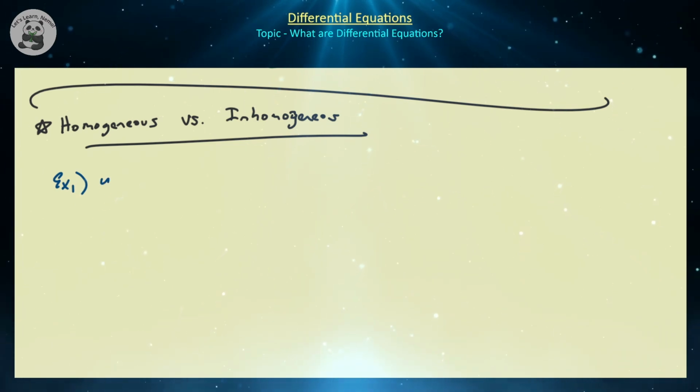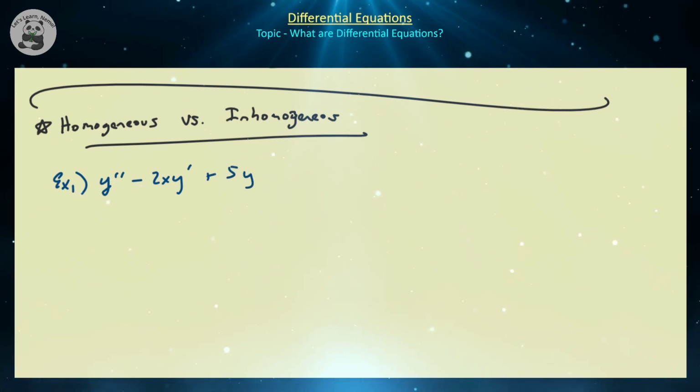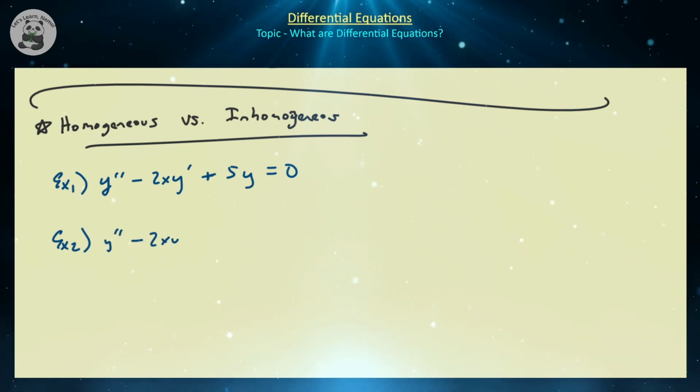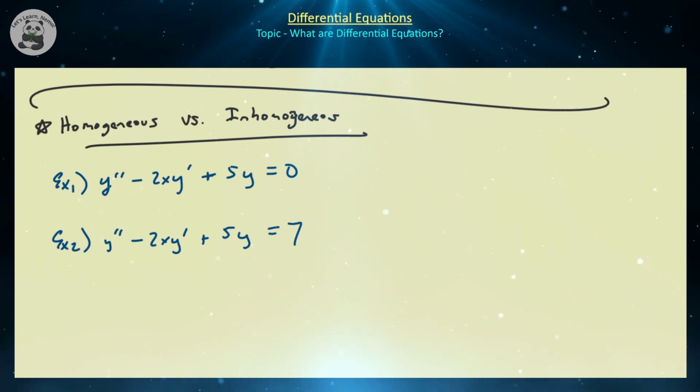A homogeneous differential equation would be y double prime minus 2x y prime plus 5y is equal to 0. And I'll give you another example, y double prime minus 2x y prime plus 5y is equal to 7. What's the difference? Can you take a guess which one is homogeneous and which one is inhomogeneous?